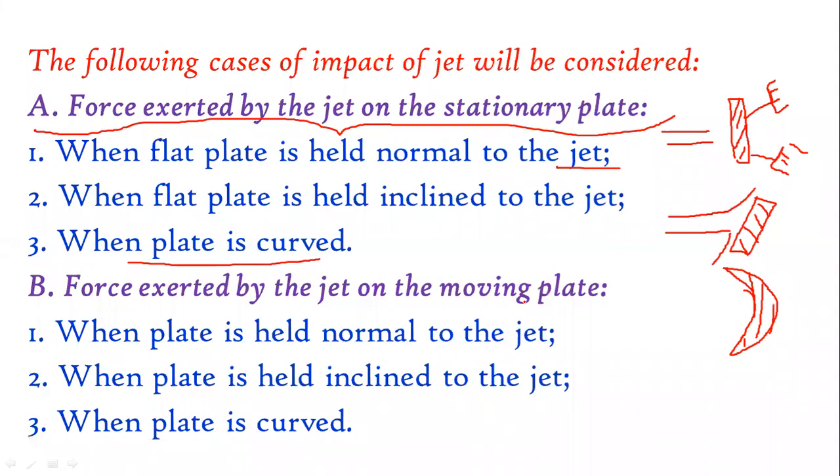The first was the force exerted by the jet on a curved plate when the jet strikes at the center, that means at the center of the plate. Then the second subtype was the force exerted by the jet on the curved plate when the jet strikes the plate at one end.